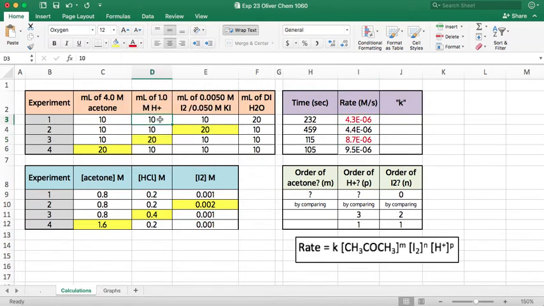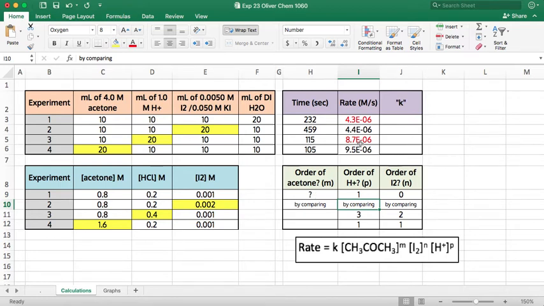So when we doubled the H+, we ended up going from 4.3 to 8.7. Mental math is telling me that that doubled as well. If we doubled this and the response was double, that means that we have an exponent of 1. Now if we doubled it and the rate was quadrupled, then we'd know it was 2. But since this doubled and this doubled, it's just 1.